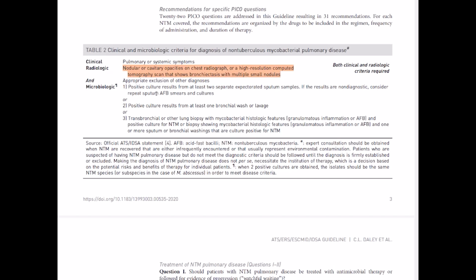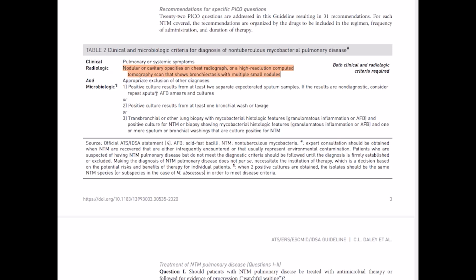And then the other reason why I prefer chest CT over chest X-ray is oftentimes that middle lobe and lingular predominant disease is not what the patient presents with, and you have disease in other parts of the lung. Well, in those cases, it's going to be really hard to differentiate NTM from other types of infection or other bronchiectasis syndromes.